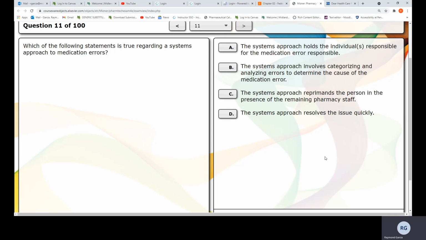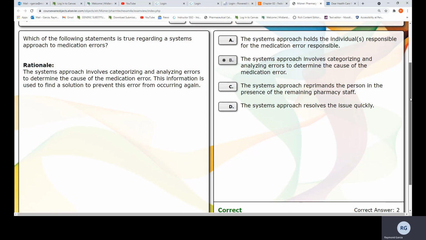Which statement sounds the most truthful? Which one? Good job. The system's approach involves categorizing and analyzing errors to determine the cause of medication error. This information is used to find a solution to prevent this error from occurring again.